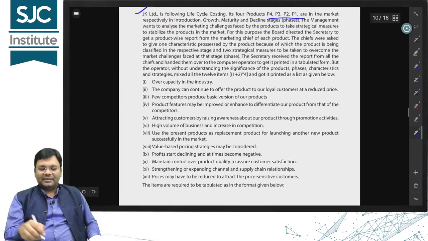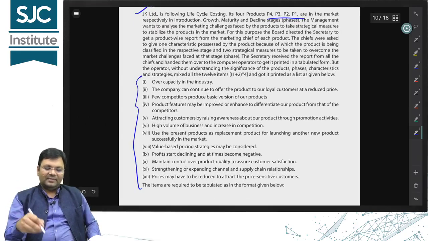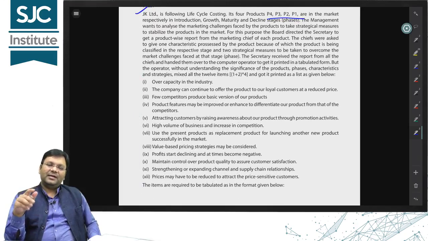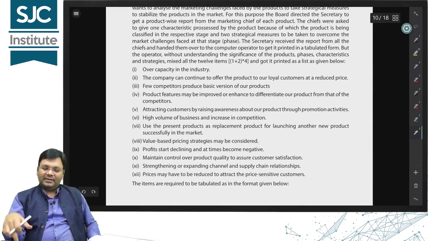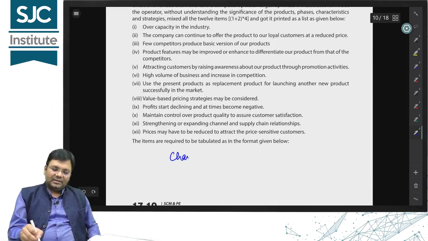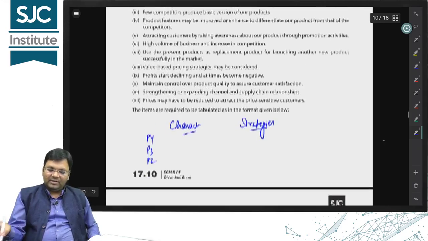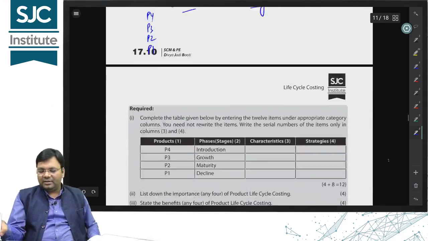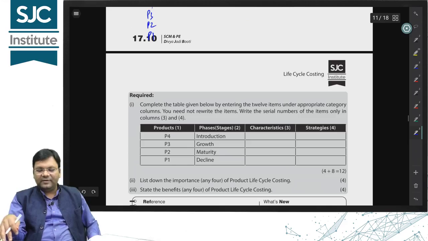These 12 points each have one characteristic and 2 strategies applicable to different life cycle phases. So you have to segregate characteristics and strategies: 2 strategies and 1 characteristic for each phase. This table, which is already given in the question, you need to fill up.